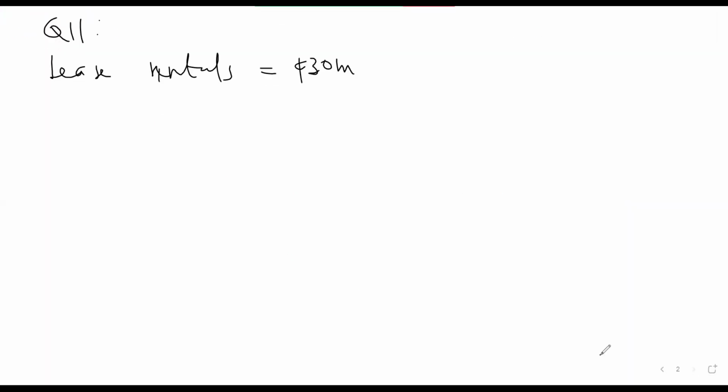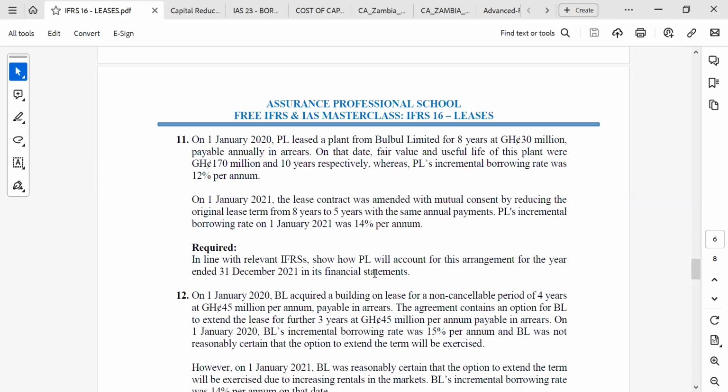And the lease period is 8 years. Okay. What is the rate that we are going to be using? If you are not given a rate implicit in the lease, you use the borrowing rate of the lessee. What is the borrowing rate of the lessee? The incremental borrowing rate. 12%. Okay.